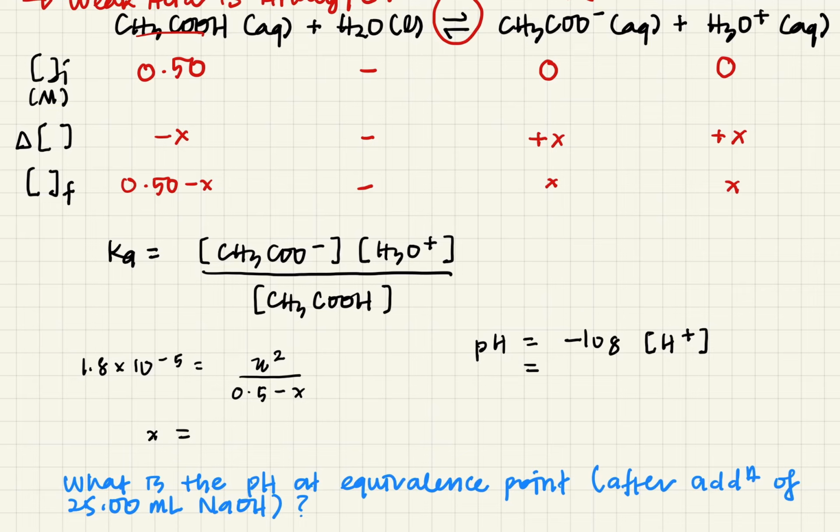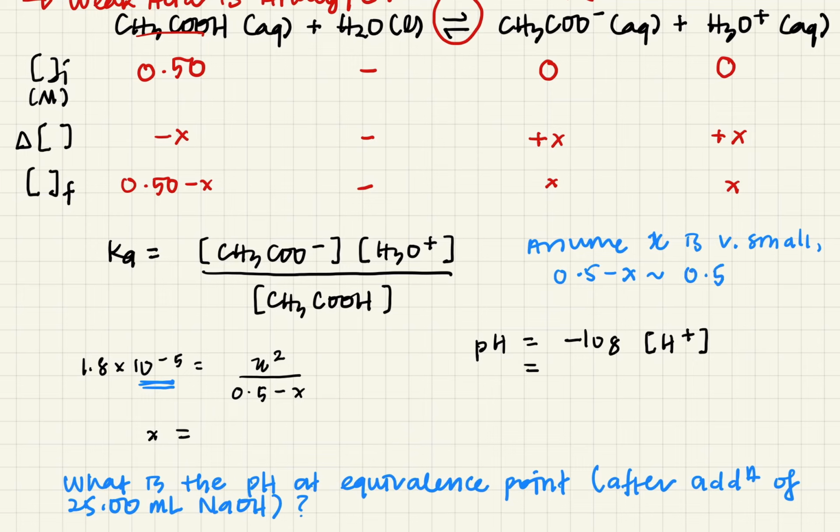So you can see that, ingat tak, awak punya Ka ni small, so that means you can assume that X is very small. So therefore 0.5 minus X is just approximately 0.5.